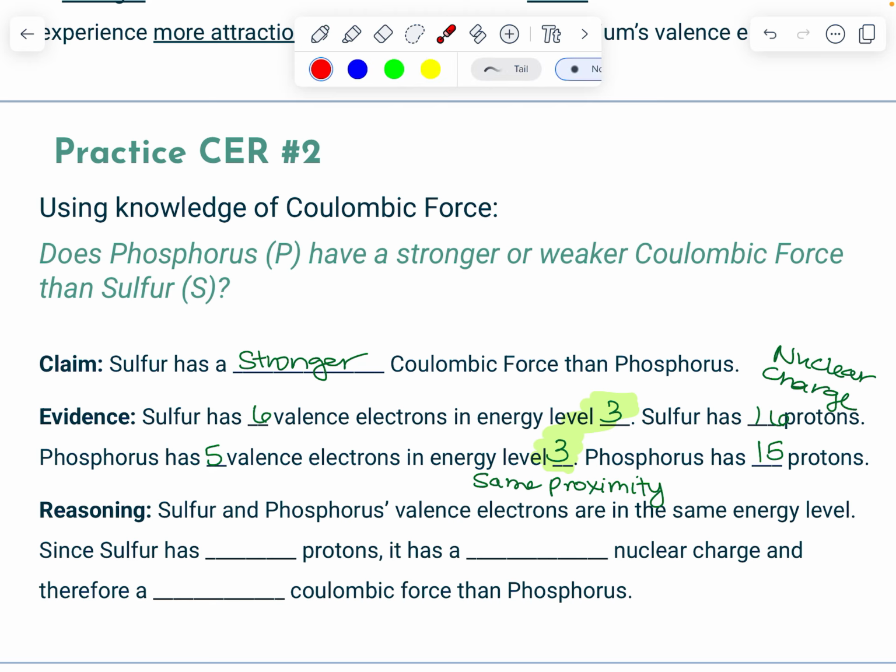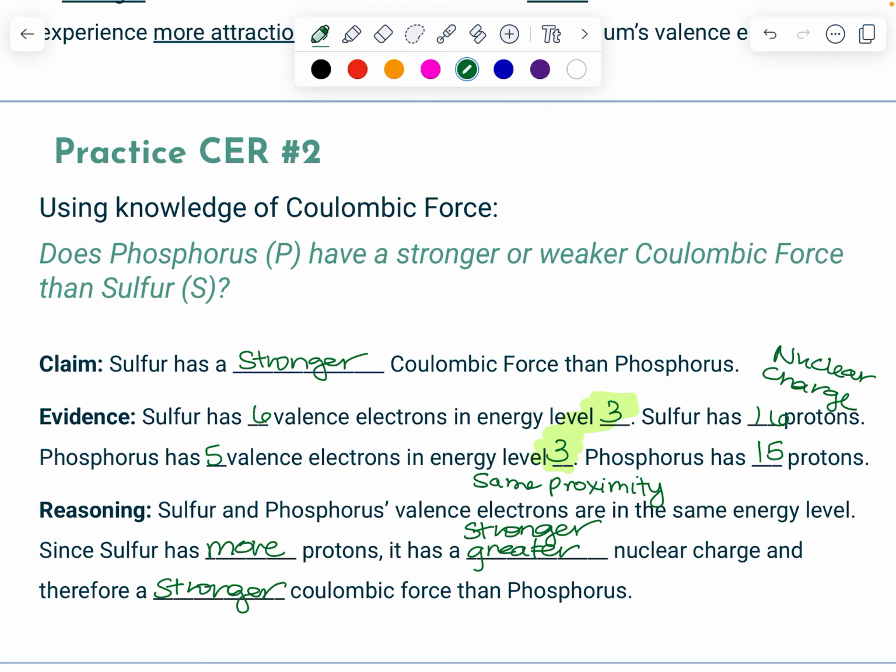So addressing that proximity, sulfur and phosphorus's valence electrons are in the same energy level. Since sulfur has more protons, it has a greater or stronger nuclear charge, and therefore a stronger Coulombic force than phosphorus.